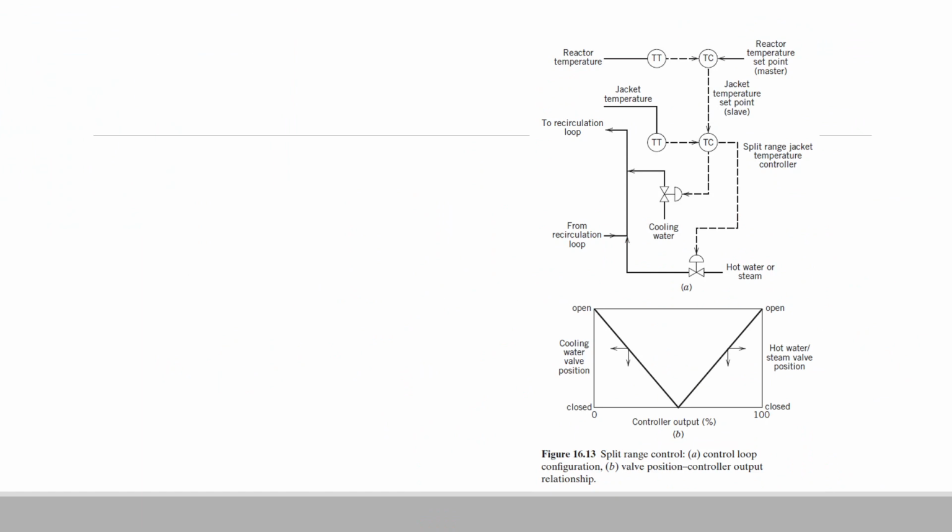This is another example of split range control, whereby we are controlling the reactor temperature by manipulating the steam flow rate as well as, I think, the cooling water flow rate over here.